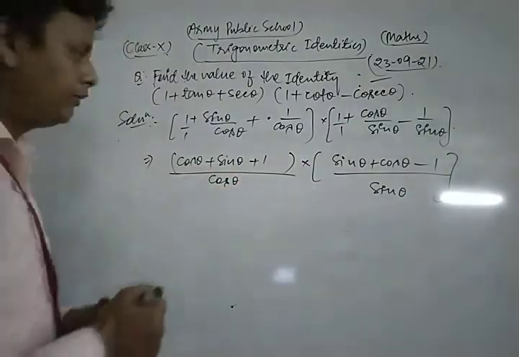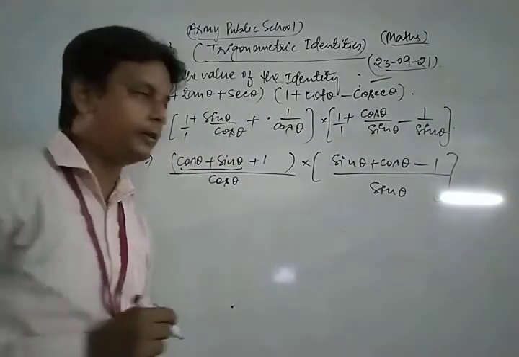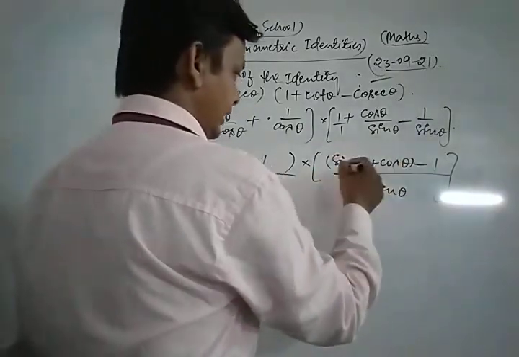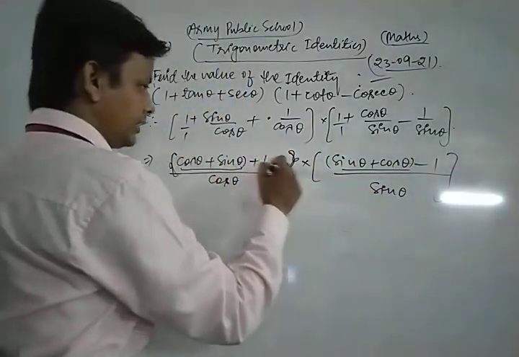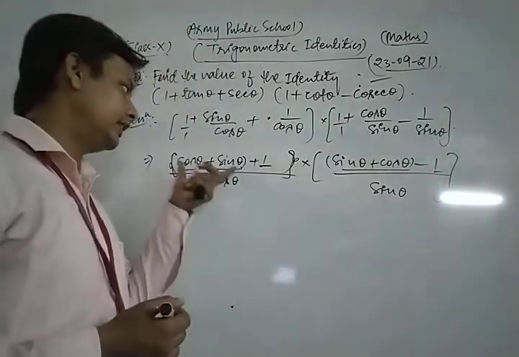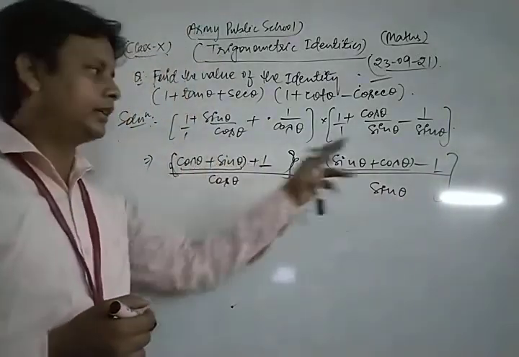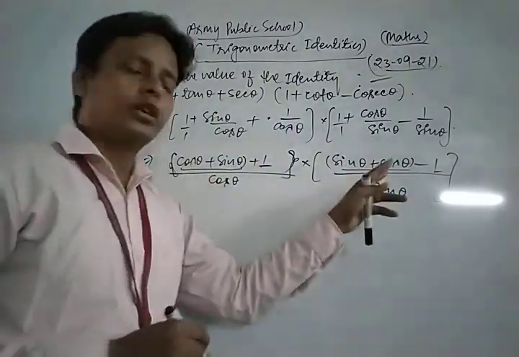Now look, if we assume that the expression sin theta plus cos theta is a, and 1 is b, then in the numerator we apply the identity a plus b in one bracket and a minus b in another bracket. A is sin plus cos, and b is 1.